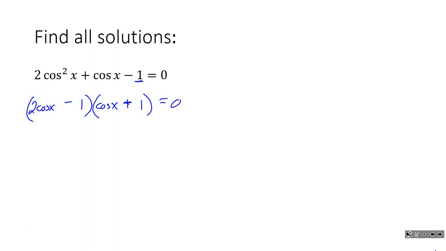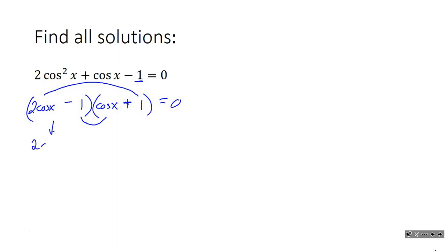So just check this. 2 cosine times cosine gives 2 cosine squared. And now, I'm foiling here. So now I'm at the outer, that would be 2 cosine x, and the inner, minus 1 cosine x. Notice 2 minus 1 gives 1 cosine x. So we've got it. And then finally, -1 times 1 gives -1. So guess and check is what some people call this method.